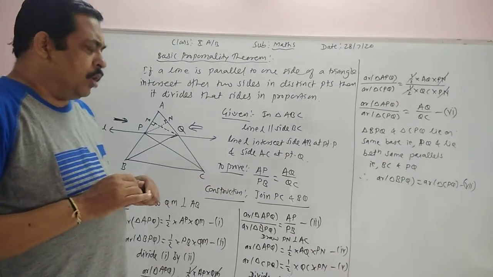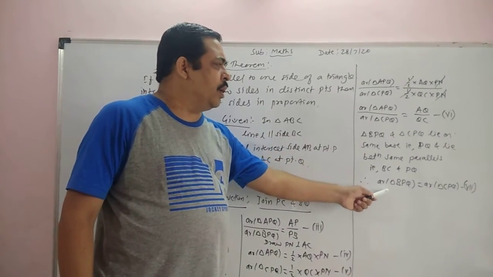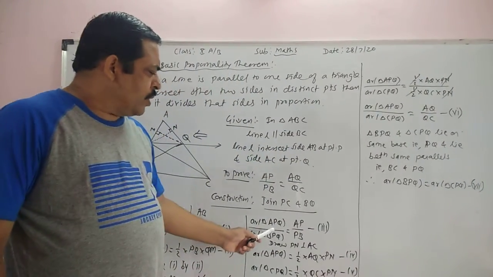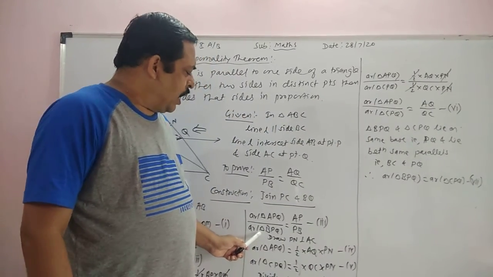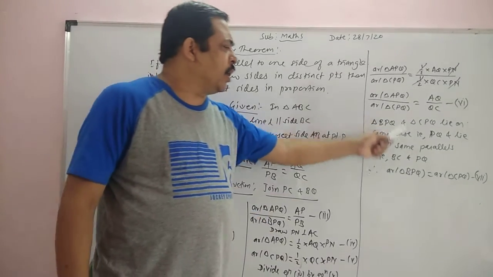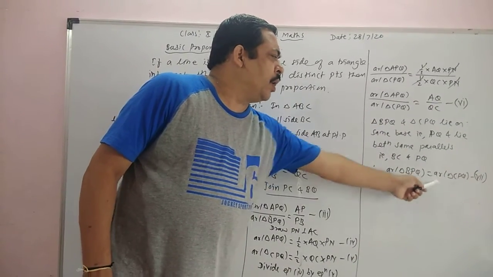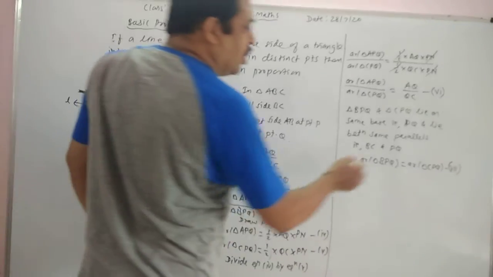Now in equation 3 and equation 6, the triangles in the denominators, BPQ and CPQ, have the same areas, as shown in equation 7.